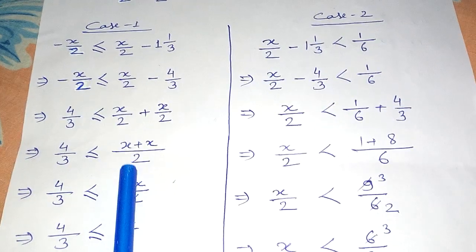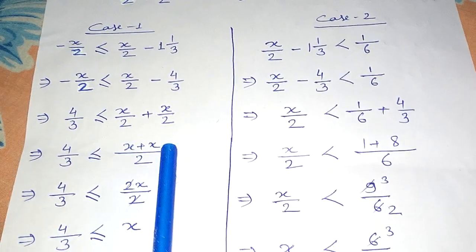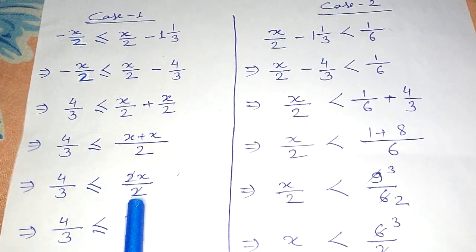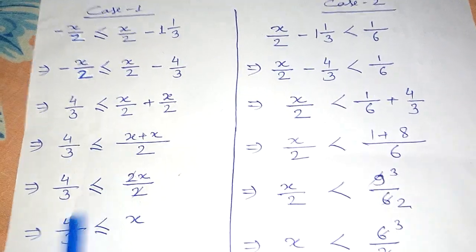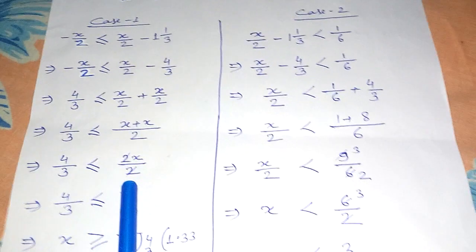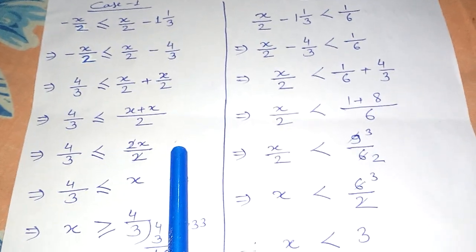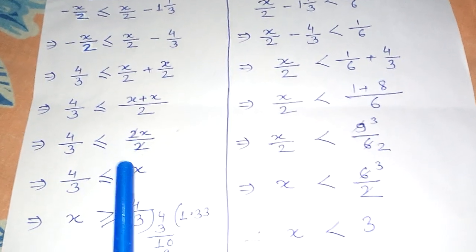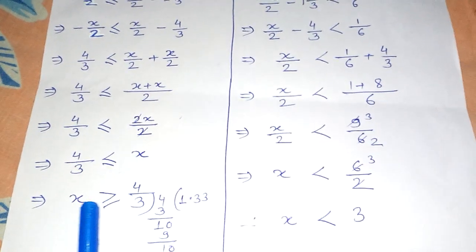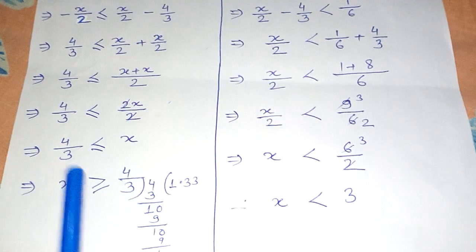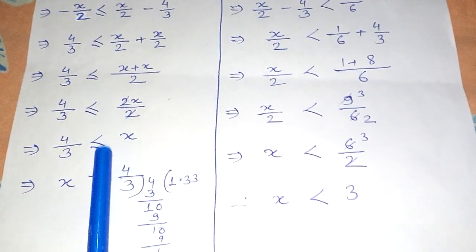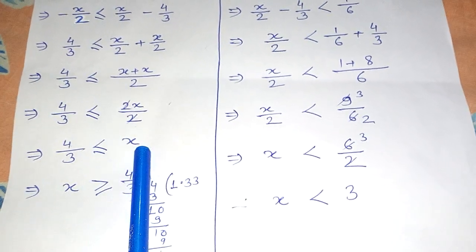Now after doing LCM we got this, and x plus x is 2x by 2, and the 2 got cancelled, only x remained. Now x is on the right hand side, but at the end x should come on the left hand side. If I change x to this side, then the symbol also will change, because this particular symbol is facing towards x.